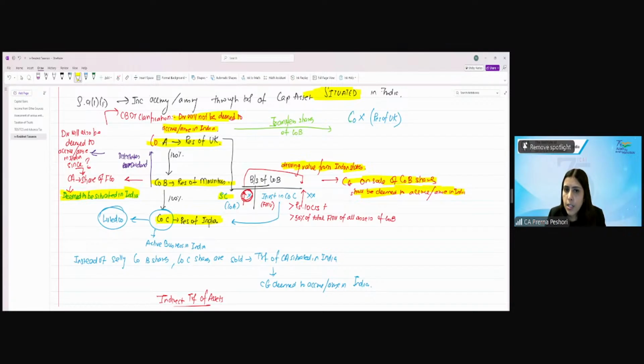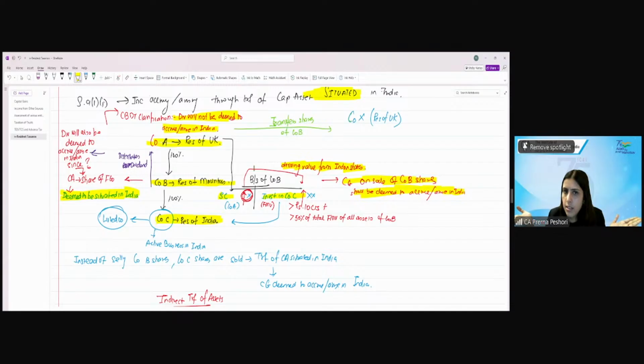And it has the investment in company C, which is its subsidiary. Company B's balance sheet will look like this only, isn't it? It will have share capital held by A and investment in company C. Yes or no?